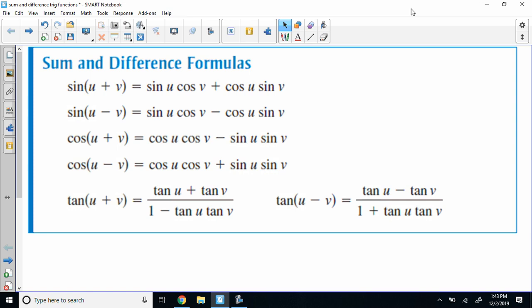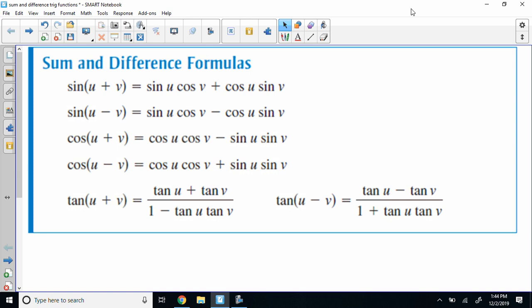So we're going to use the unit circle to do this. We've got sine, cosine, and tangent. We have an addition expansion and a difference or subtraction expansion, right?